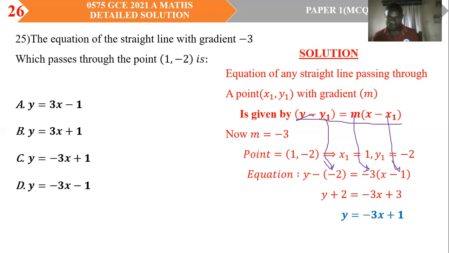Now, simplifying, y minus -2 gives y plus 2, equals -3 into x minus 1. -3 times x, to expand this, we have -3x, -3 times -1, we have 3. When we subtract 2 on both sides, we have y equals -3x plus 1.